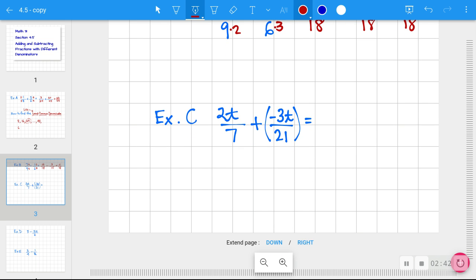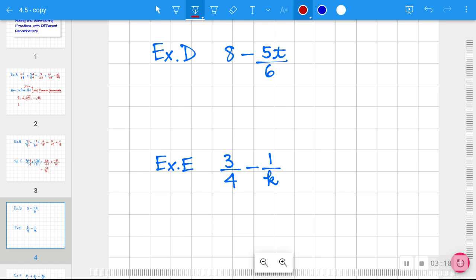Okay, here, if you look at the denominators, the 7 and the 21, 7 already goes into 21, so we're going to leave that second fraction just like it is. But this first one, you have to make it times 3 here. So your common denominator is 21. And across the top, 3t plus a negative 3t is 3t.